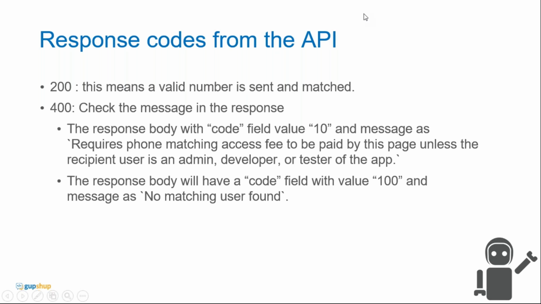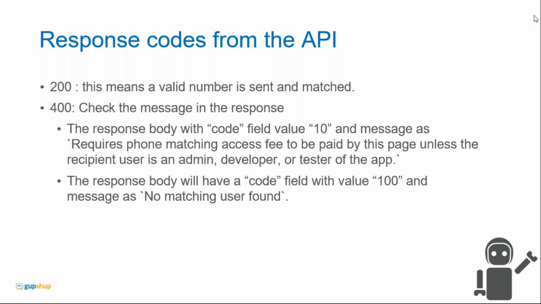If it is 10, that means your phone matching access fee is not paid, and you are neither the admin nor the developer or the tester of the app. So you cannot send the message because you have not opted for customer matching services.